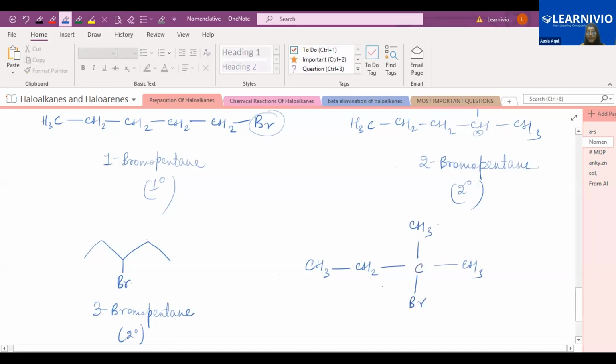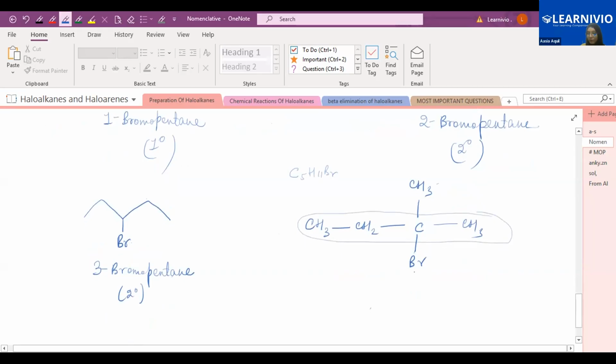See, now check it. Is the molecular formula the same? C5H11Br. Right, same. What we have done is just reduce the chain length. The parent chain was pentane, but we have reduced the pentane to butane. A 4 carbon chain is there. This is your parent chain now, and we just use the other carbon as a substituent. So that's another isomeric form.